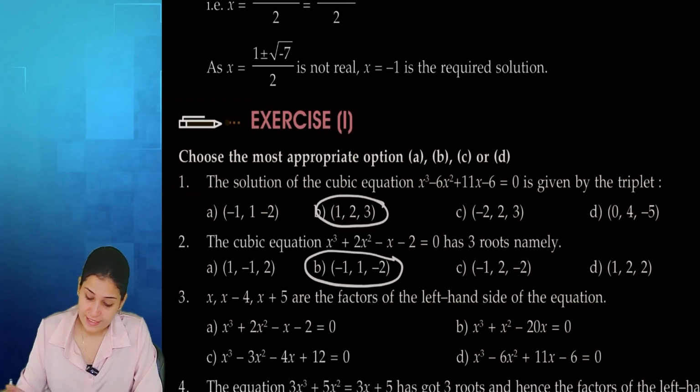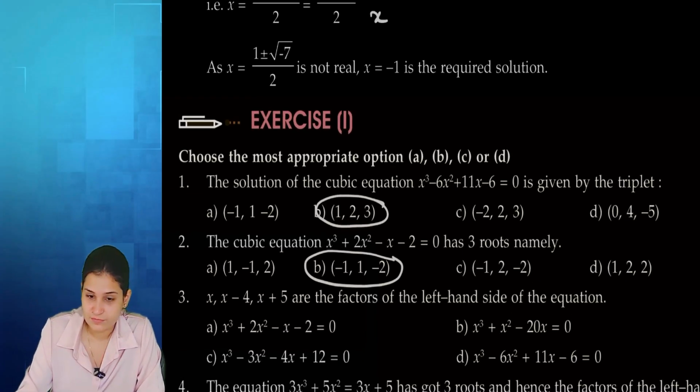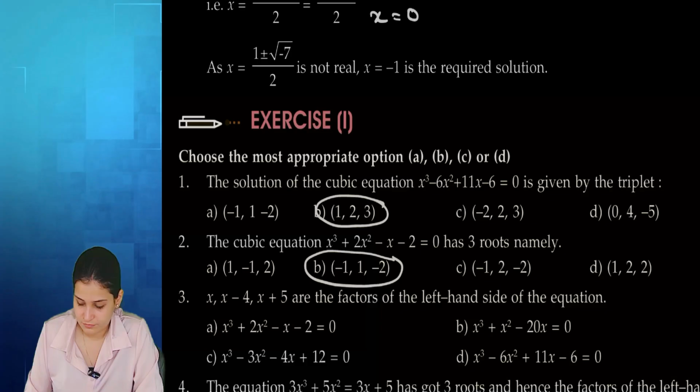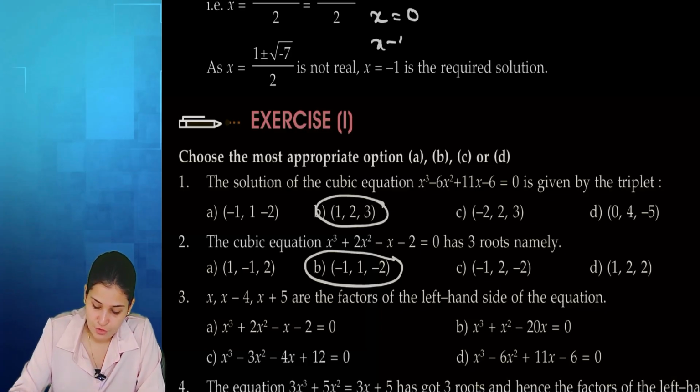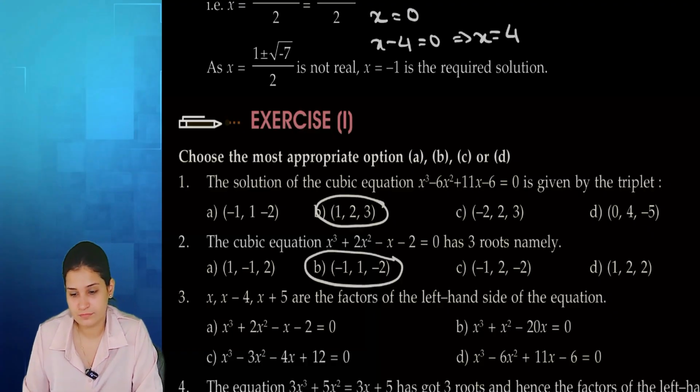Now in question 3, x is a factor. That means x equal to 0 should be a solution. If x minus 4 is a factor, then x equal to 4 should be a solution.